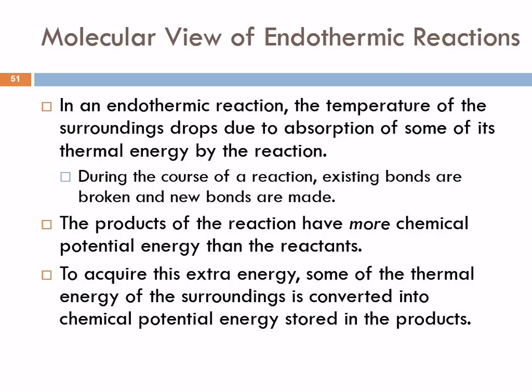In an endothermic process, though, the products end up with more chemical energy than the reactants did. The new bonds that are being formed store more energy than the bonds that were there before. And they get that energy by sucking it out of the surroundings. Does that make sense?